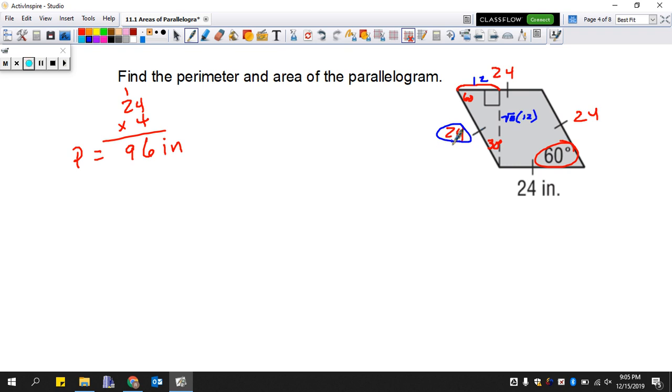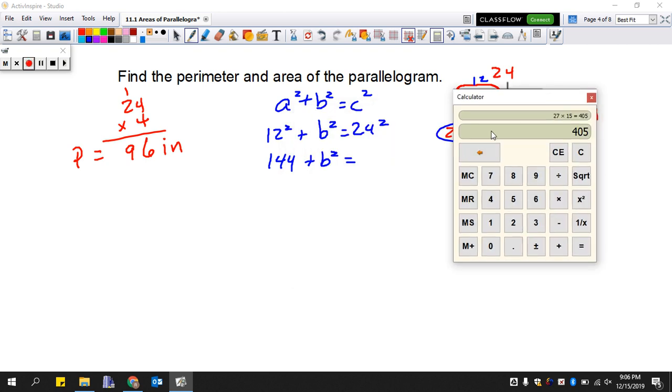All right, and we can do it that way, or we can do it the way that we know, which is a squared plus b squared equals c squared. So we have a squared is 12 squared, plus b squared is equal to 24 squared. 12 squared is 144, plus b squared is equal to 24 squared, which is 576.